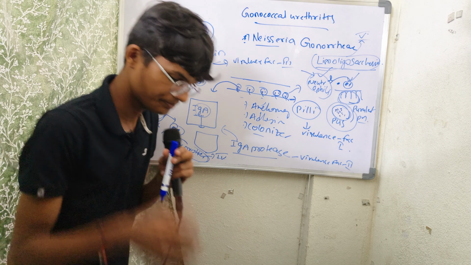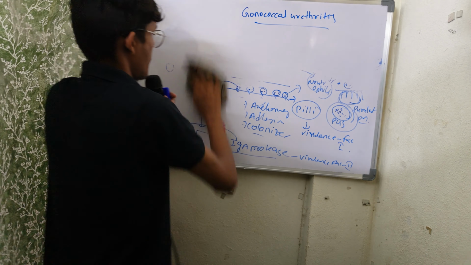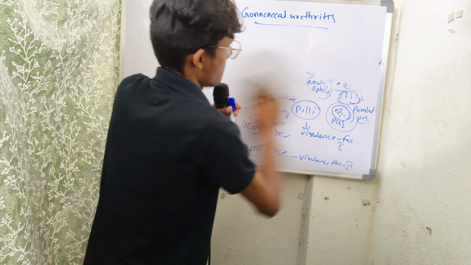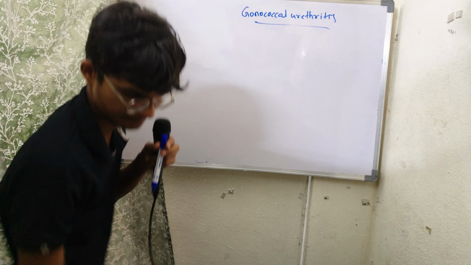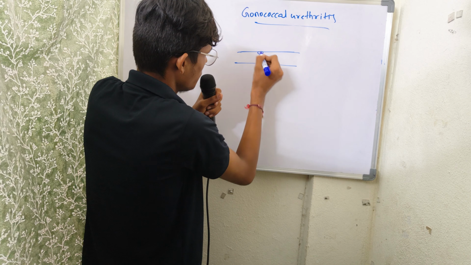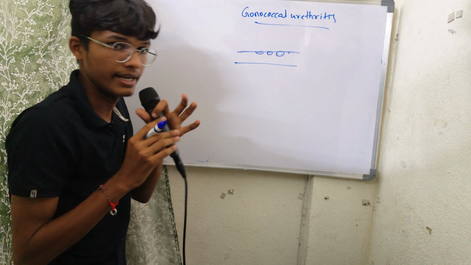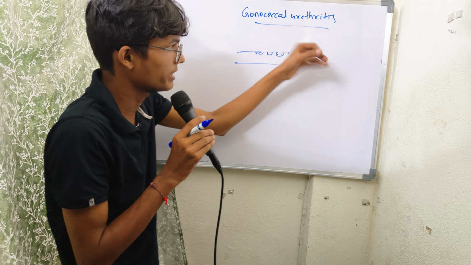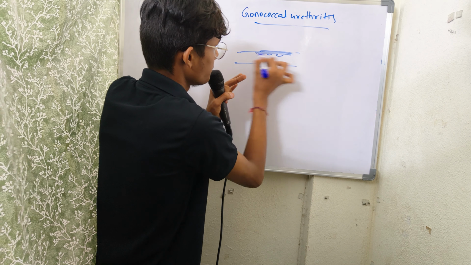Then we'll discuss further. See, this is the urethra, and whenever Neisseria gonorrhoeae attaches here and damages the mucosal epithelium, the mucosa heals by fibrosis.